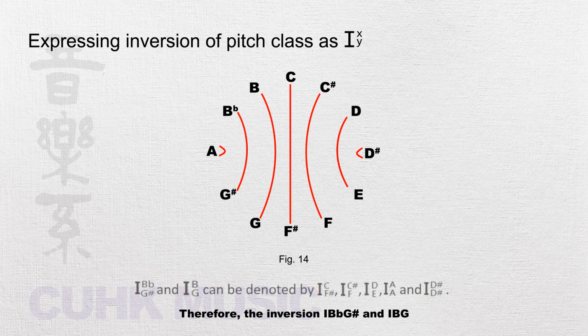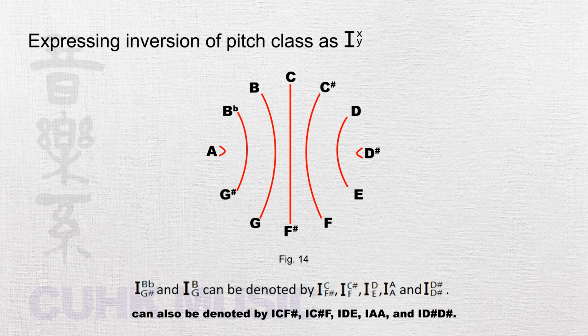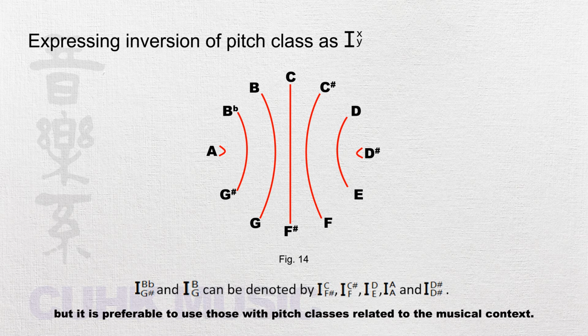Therefore, the inversions IB flat G sharp and IBG can also be denoted by IC F sharp, IC sharp F, ID E, IA A, and ID sharp D sharp. Note that all the 7 labels here are equally correct, but it is preferable to use those with pitch classes related to the musical context.